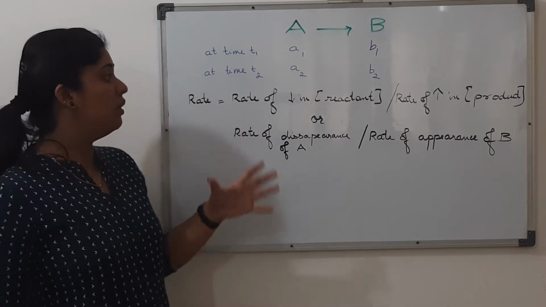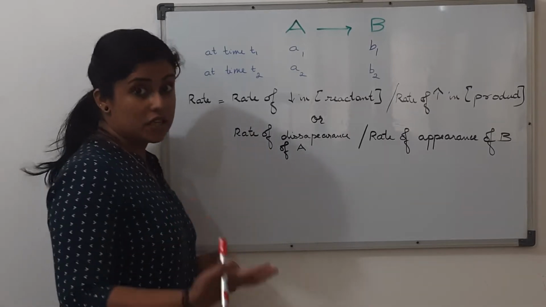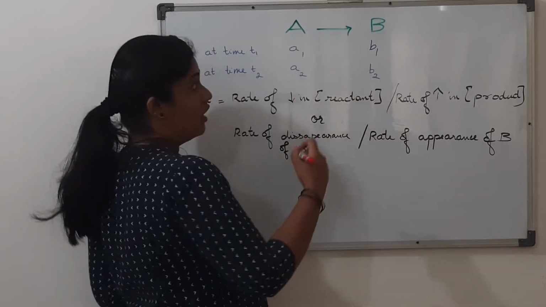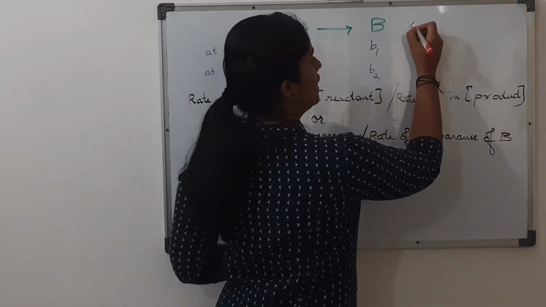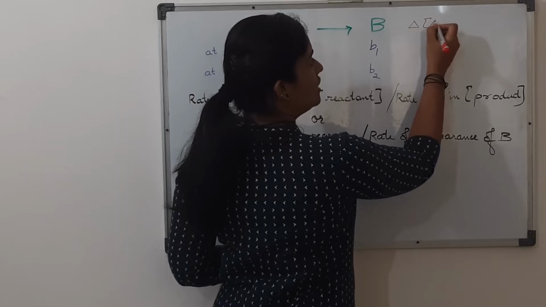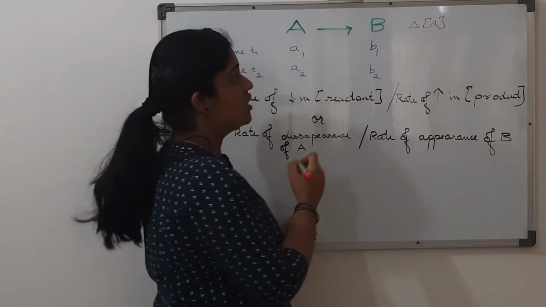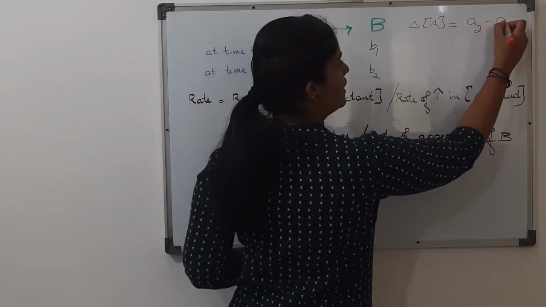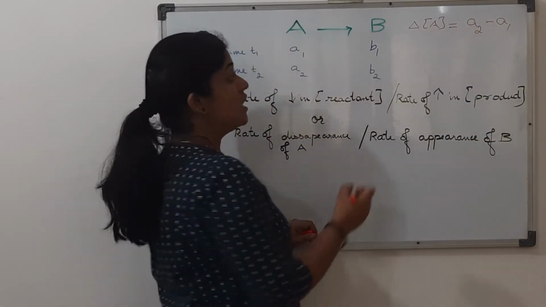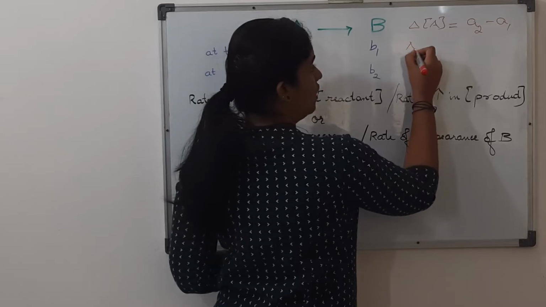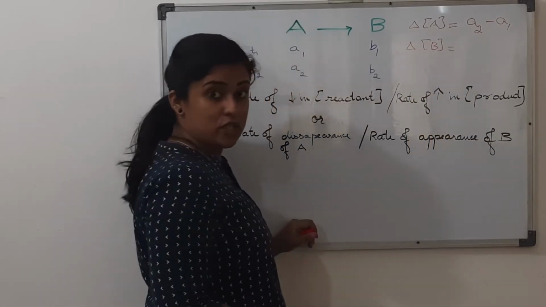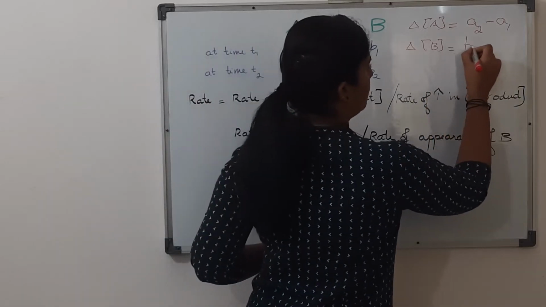Okay, now how do we write it? Rate is change in concentration by change in time. Now what is the change in concentration here for A? We say delta A, the change in concentration of A, can be written as A2 minus A1. The change in concentration of B, delta concentration of B, can be written as B2 minus B1.